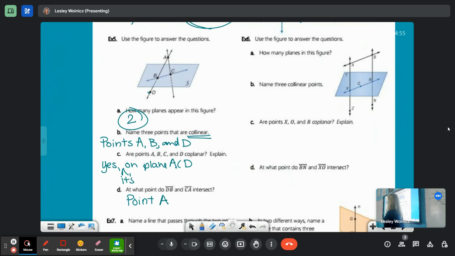Okay, so this is what's happening. My little yellow lines are in my orange plane, intersecting my blue plane.